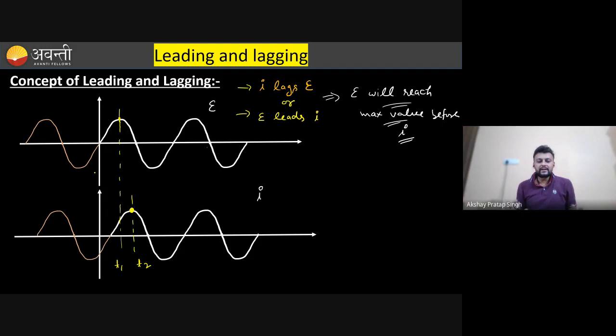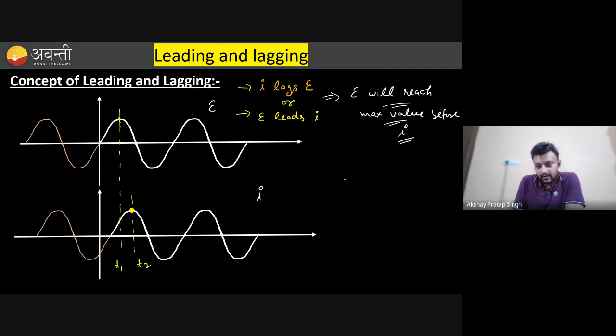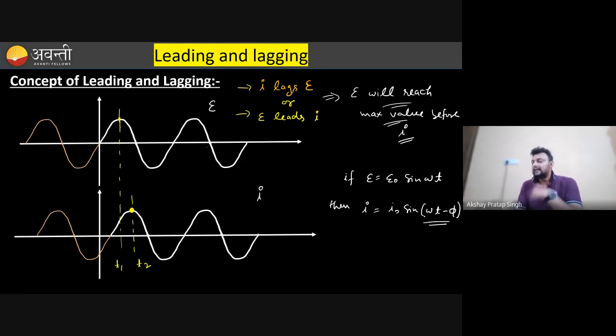I hope all these statements are clear. Now in this situation, if EMF is E naught sine omega t, then what will be the equation of current? Current is lagging behind, then current is I naught sine omega t minus phi. Let's suppose it is lagging behind by phi angle.